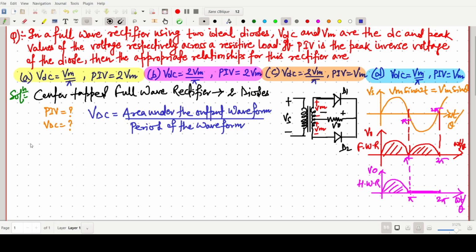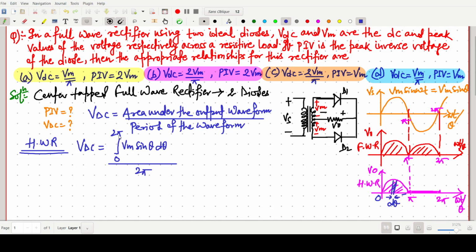For example, suppose I am just doing it for the half wave rectifier. In this half wave rectifier, for VDC we have to find this area, up to this range. So we can write 0 to 2 pi of Vm sin theta d theta, divided by the period of the signal, that is 2 pi, by taking this elementary area d theta.